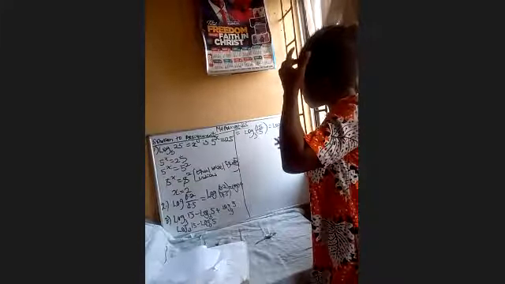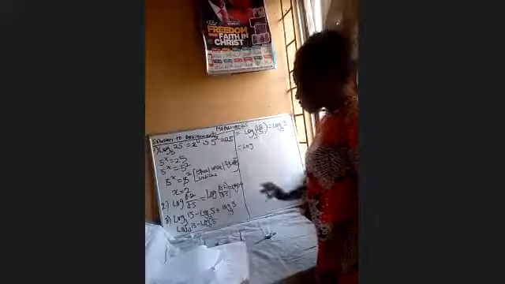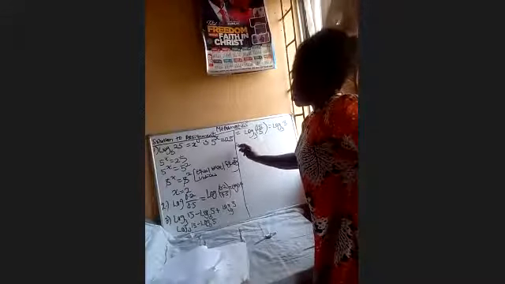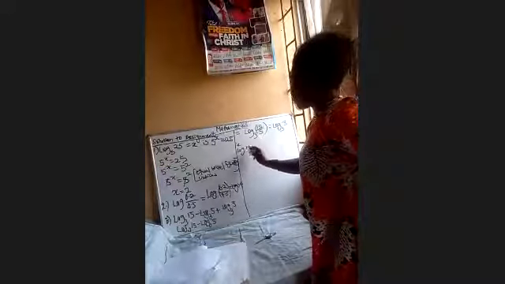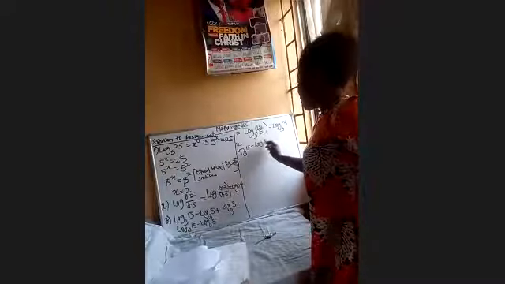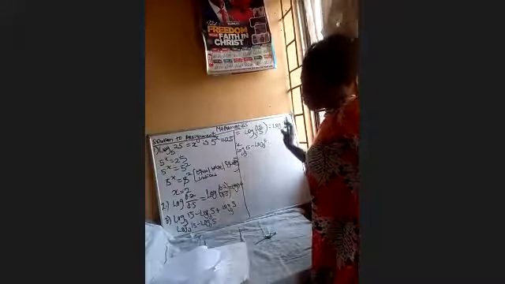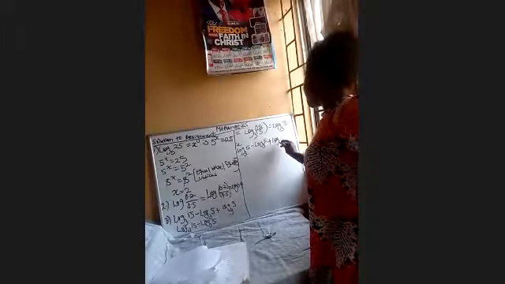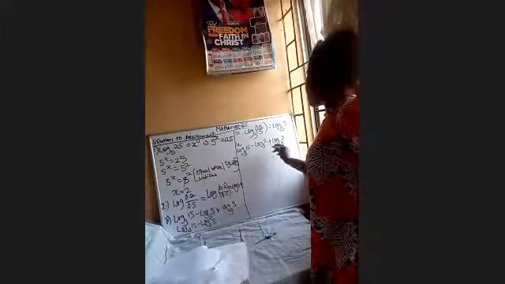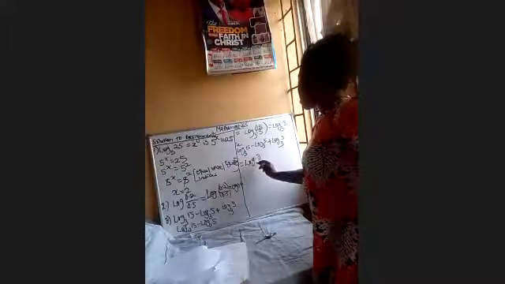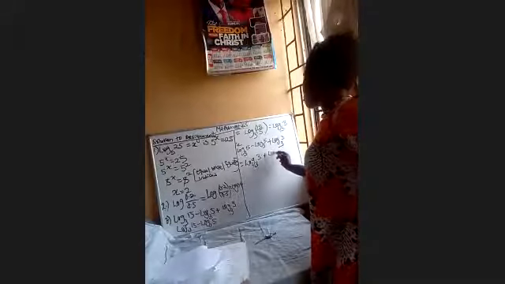So logarithm of 15 base 3 minus logarithm of 5 base 3 plus logarithm of 3 base 3 is equal to logarithm of 3 base 3 plus logarithm of 3 base 3.